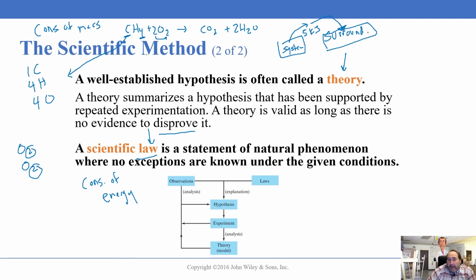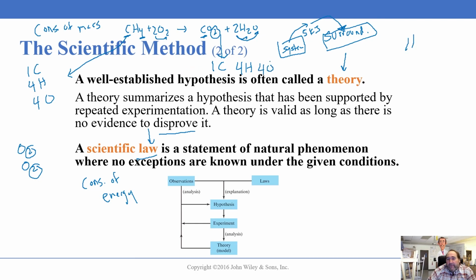We go on our product side here of what we made. We have 1 carbon atom. We have 2 times 2 is 4 hydrogens, and 2 times 1 is 2 oxygens there.